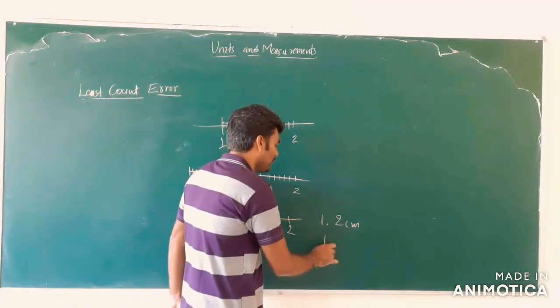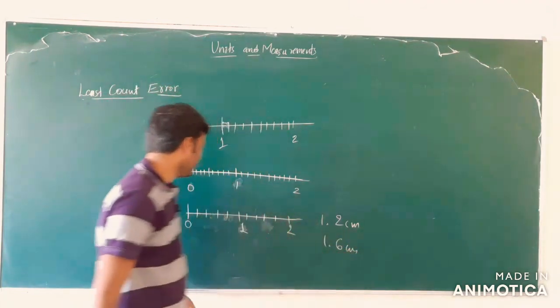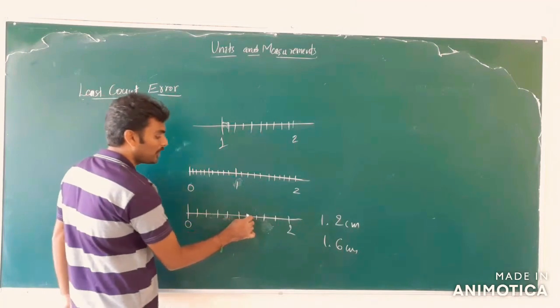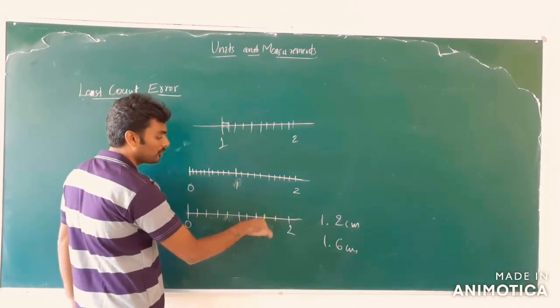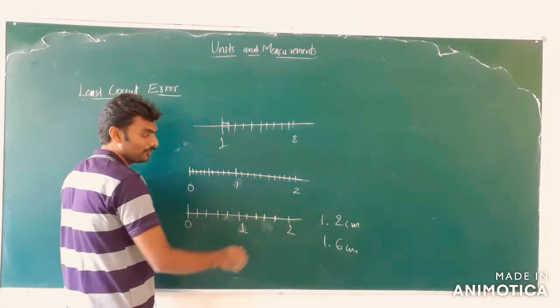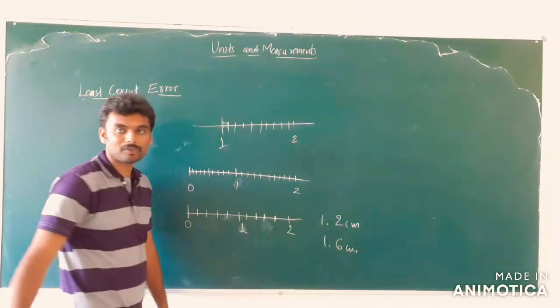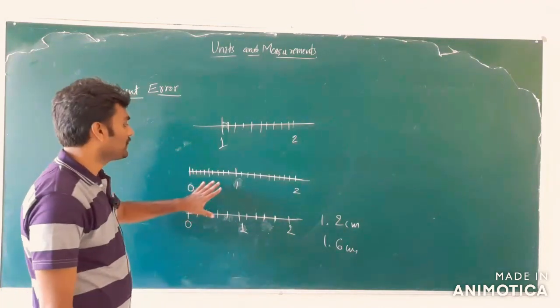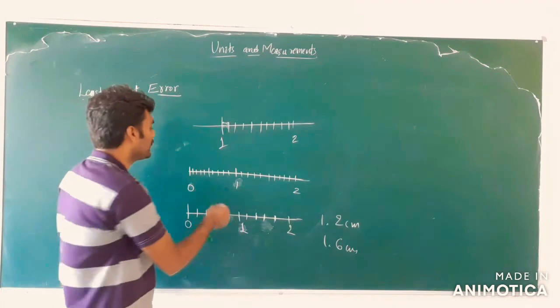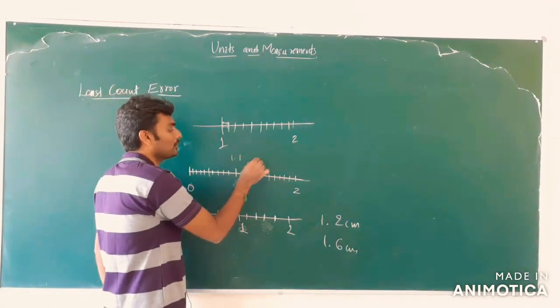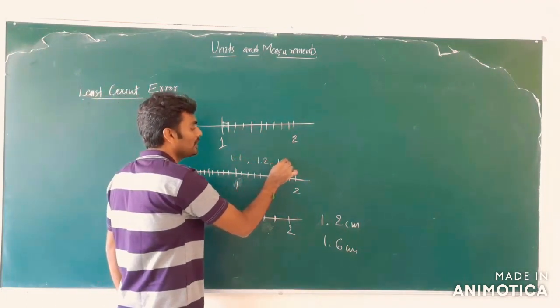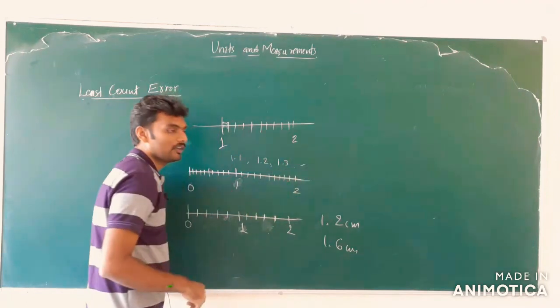Or 1.4, 1.6, 1.8, 2. These are the readings which are possible in the tape. But when we have the scale, we can get the readings like 1.1, 1.2, 1.3. I can get all these readings.